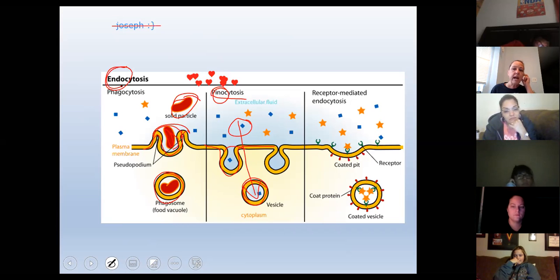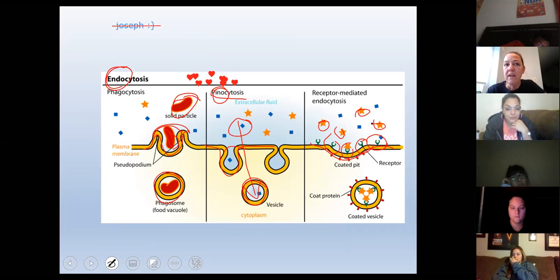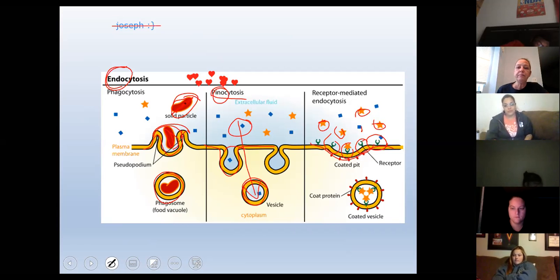And then finally, we have our receptor mediated. So here on my cell membrane, do you see these little green guys right here? They only accept the star-shaped molecules, and that's it. So if any of these little blue squares or the big red jelly beans come down and try to bind, it's not the right key. I'm just going to say you can't pass.